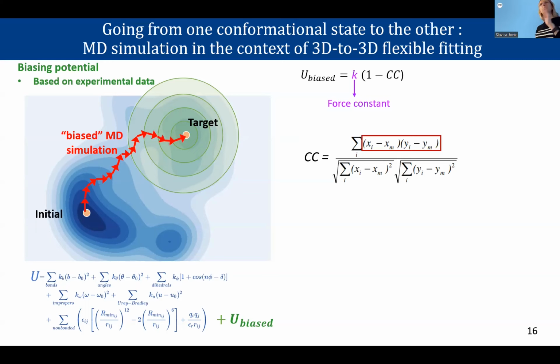The simulation goes as if I didn't provide any data. If I put K very high, then the simulation is guided by the data very strongly. This is good and bad, because it means I can go very fast from this state to this state.